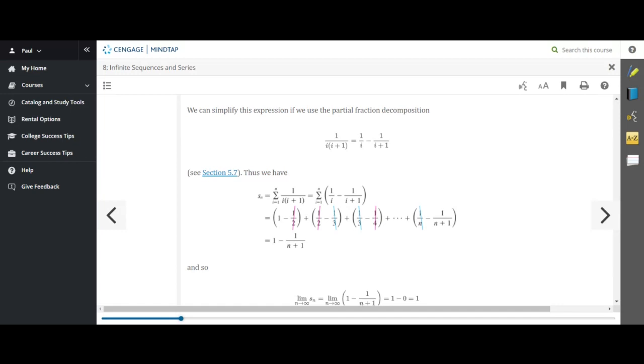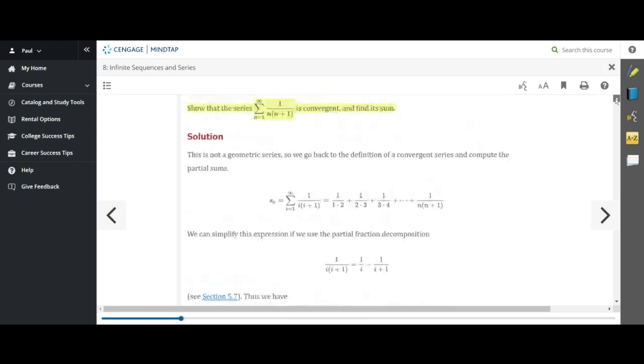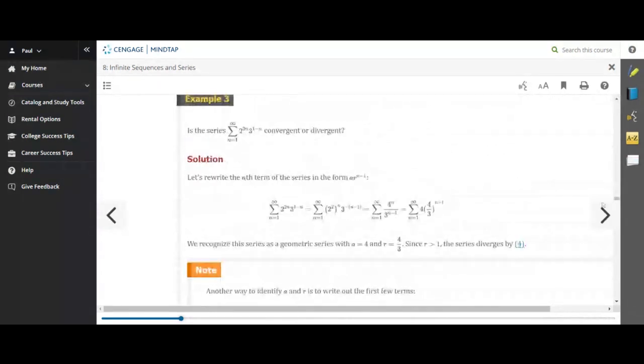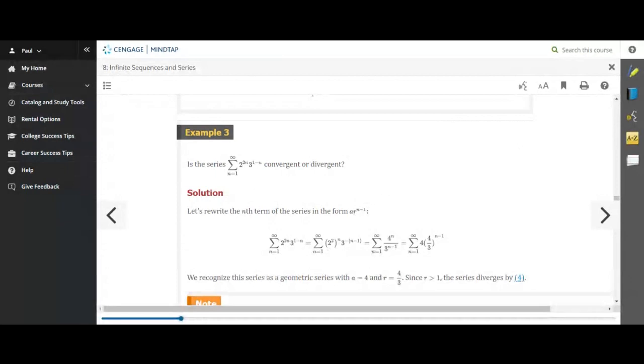Let me show one more here, because I want to give you some time to work on this. Maybe I'll show a few more examples. Let's look at example 3. They want to know if that series is convergent or divergent.